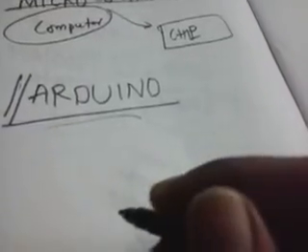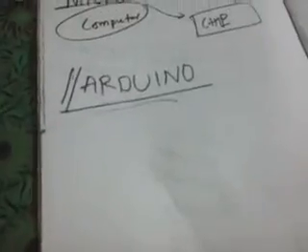What makes the difference between Arduino and AVR microcontrollers is that we are going to use a high level language in the Arduino IDE to write code for the Arduino microcontroller, and this high level language is very simple and easy to code.